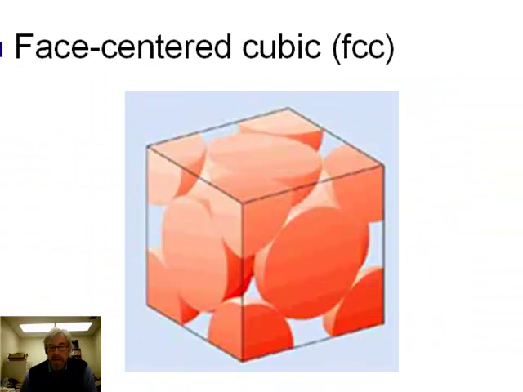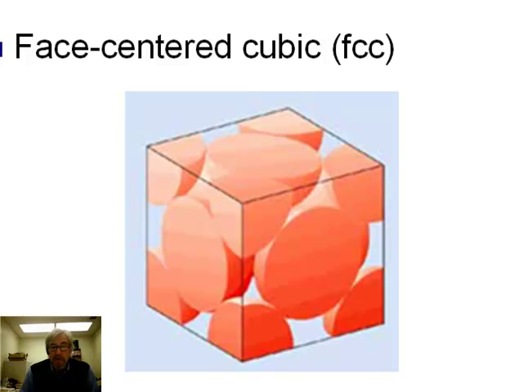The next type we're going to look at is called a face-centered cubic, FCC for short. And a face-centered cubic has got, per unit cell, 1 atom centered at each corner. So again, we have an eighth of an atom on each corner. But in addition, centered in the middle of the face of each side is 1 atom. Now that atom's been cut in half.